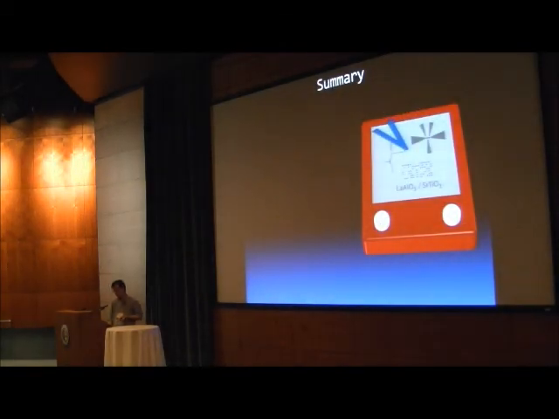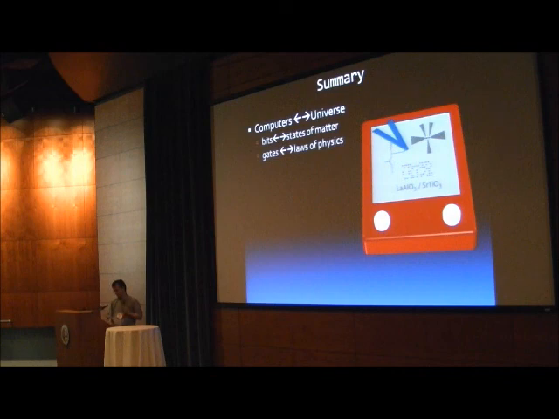Okay, so to summarize, I began with talking about this relationship between the universe and your PC, right? Bits and matter, that they're really not a very fundamental distinction between them, and that the laws of physics are really used for processing.